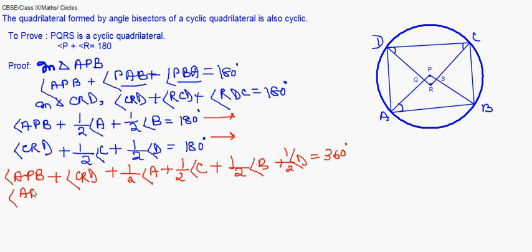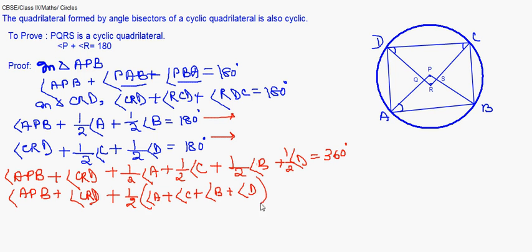Now APB, let it remain as it is, plus I can take half common, thereby leaving me with A plus C plus B plus D. Now we know A plus B plus C plus D is 360 degrees. So angle APB plus angle CRD plus half of 360, that is 180.